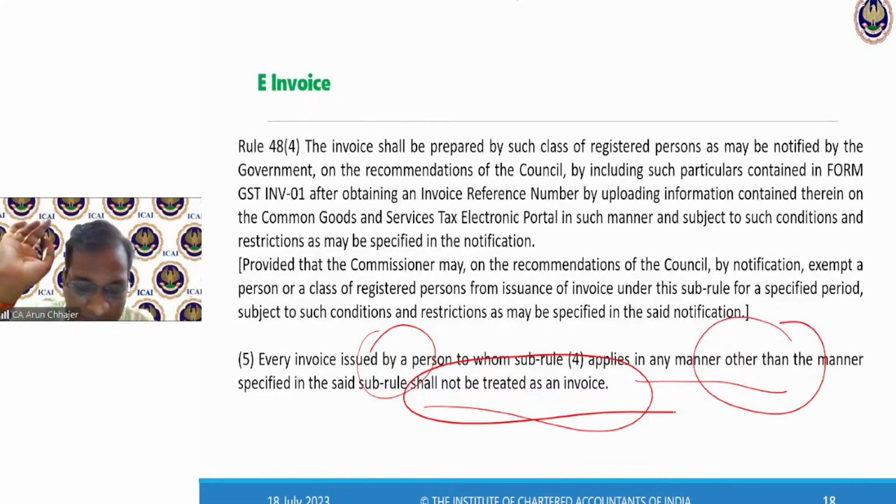Certain categories we have discussed directly, but certain categories we have discussed through this notification. Try to cover as many as you can. What is my question? The question is, in which scenario would e-invoice not be applicable? This is my question.